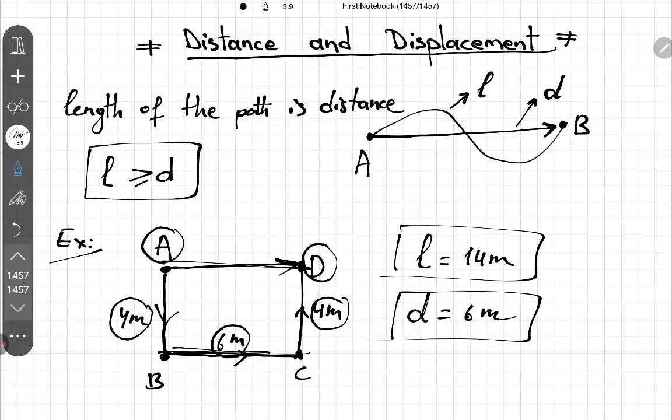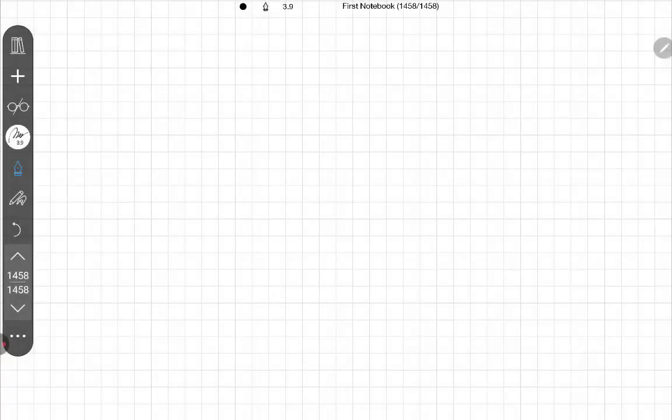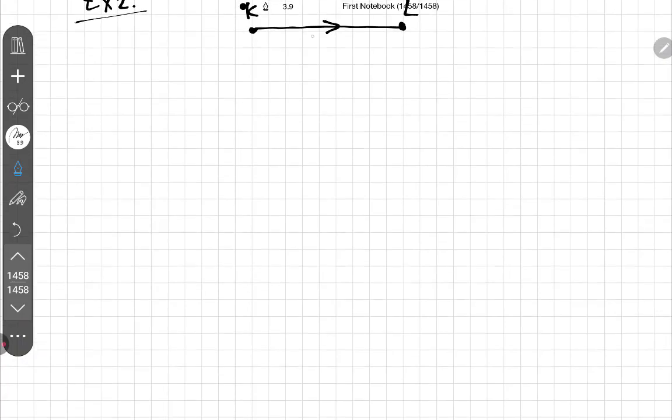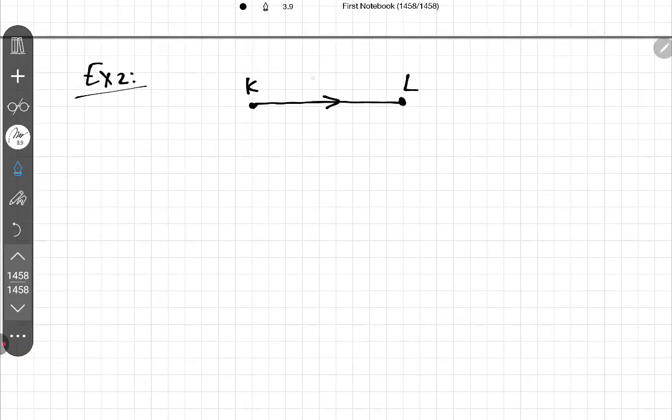Let's try to have another, more challenging example. Let's say that this one is example 2. Again, an object starts from K and it travels to the point L. Let's suppose that this one is 8 meters. And after the point L, it travels to the point M, which has the distance from L 6 meters.